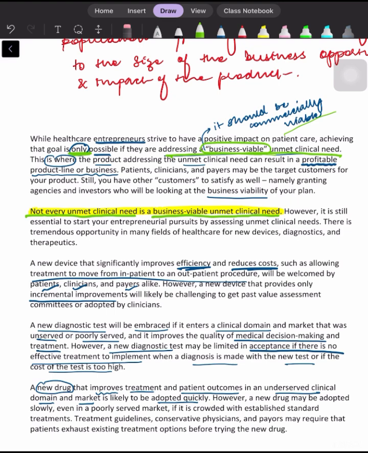What if there are so many challenges in making those products? There could be different things that come up, and that is why not every unmet clinical need is business viable. Not every one is going to be a commercially successful unmet clinical need. So you have to choose your pick.